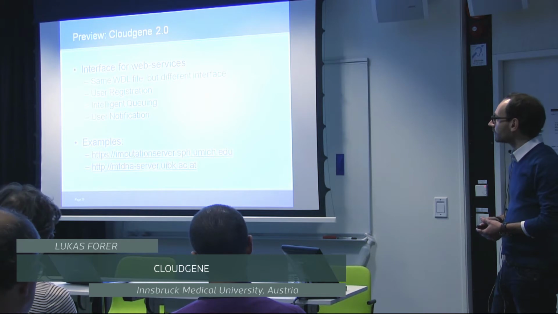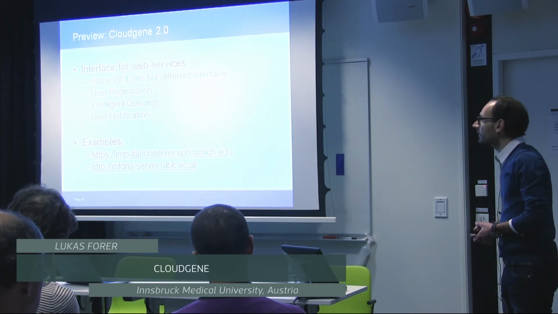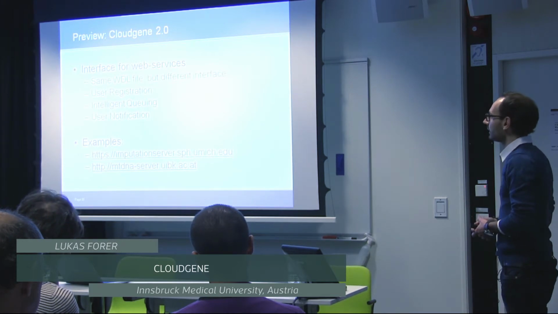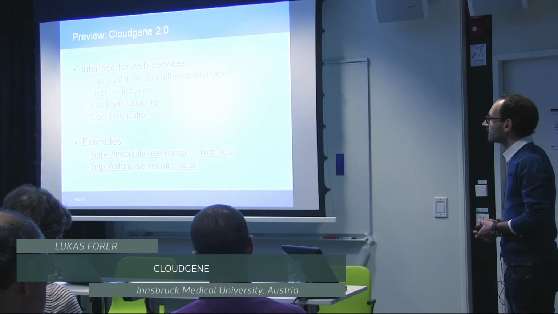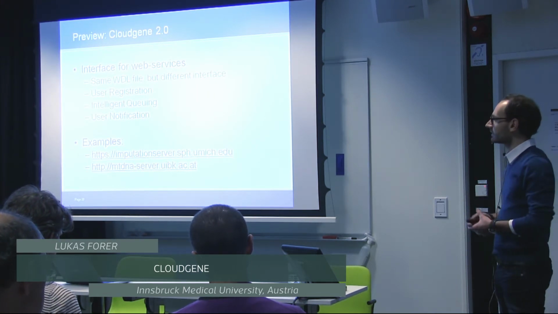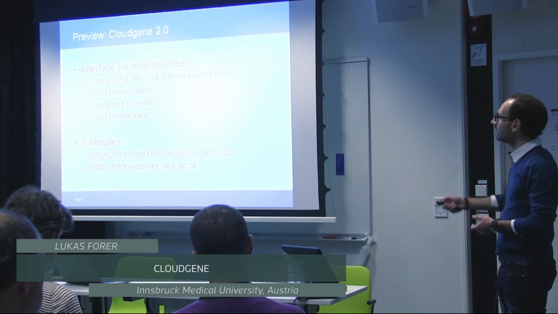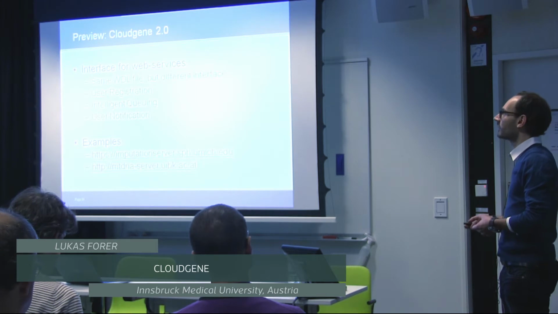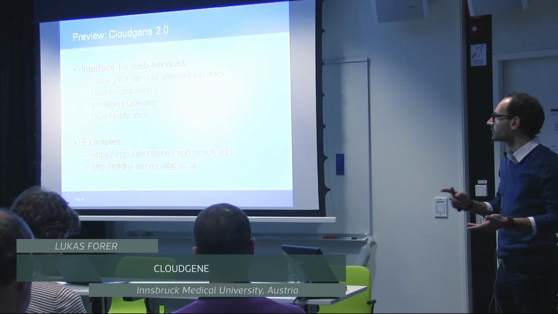Before I'm at the end of my talk, I'll give you a short preview of the new version of CloudGene, CloudGene 2, and the biggest difference there is the interface. We developed a new interface especially for public web services, and the idea is that we can use the same manifest file but with a different interface which provides user registration, intelligent queuing, and user notification.